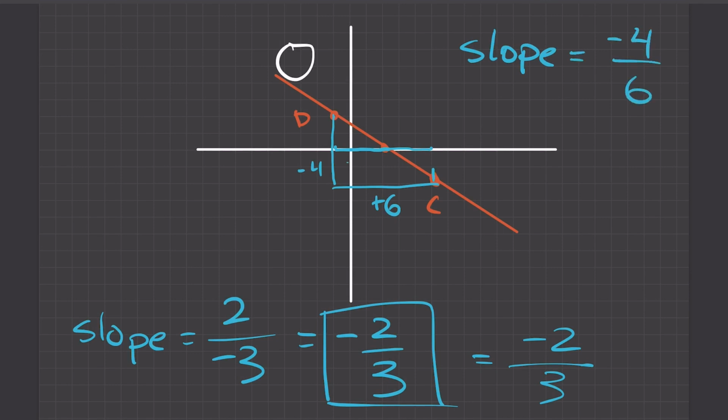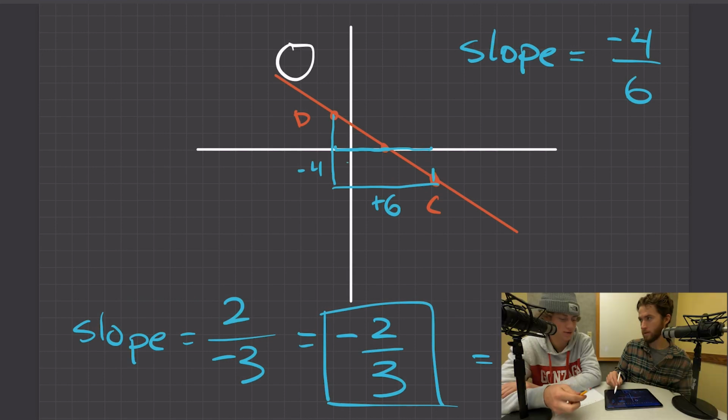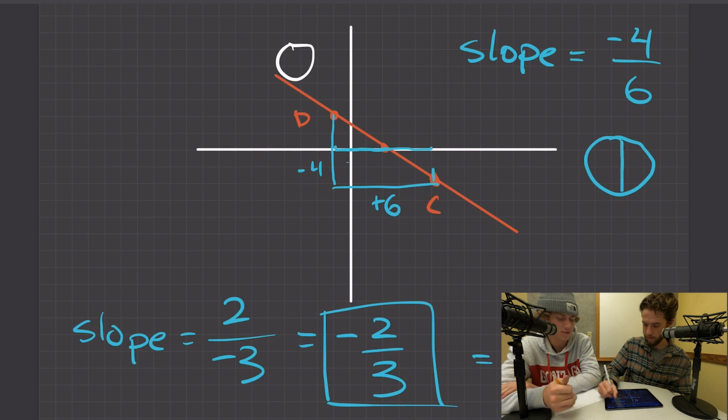4/6 of a dollar is also the same thing as, it's 0.666, right? Just for fun. Here's 1/3, 2/3, and 3/3.